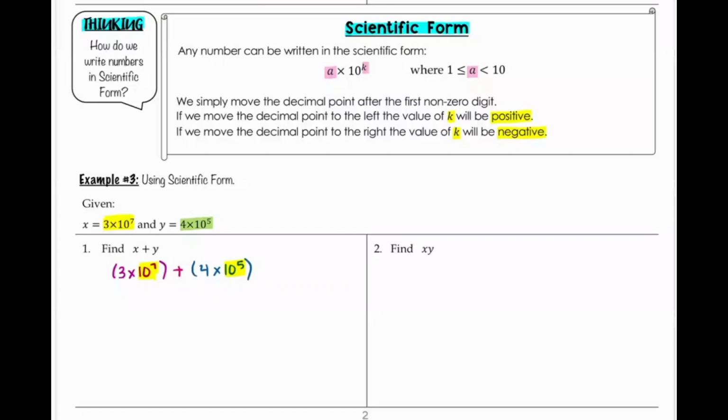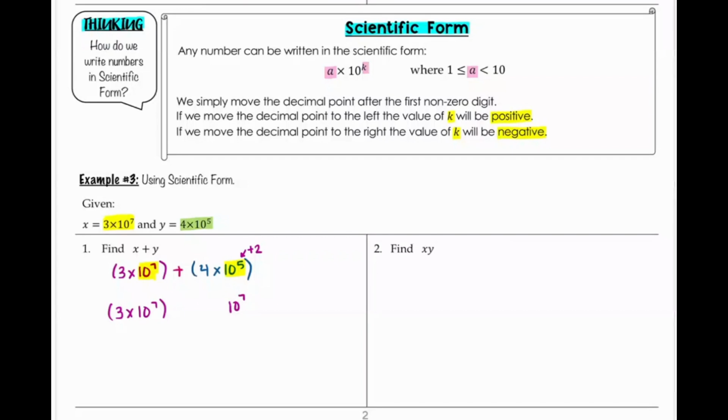So what we are going to need to do is we're going to have to make them like terms. Now, to make them be like terms, what I am going to do is I'm going to increase this 5 by 2. So I'm going to add 2 to this. That is going to give me 10 to the 7th power, which is identical to what I have here. So let me rewrite that x piece, which is 3 times 10 to the 7th power.